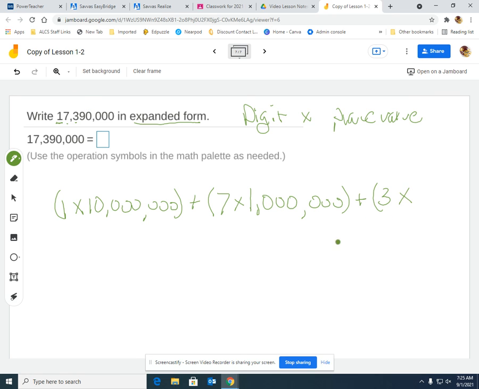That 3 is in the 100,000s place. 3 times 100,000. Close my parenthesis. And add to it the next digit, which is a 9. Ones, tens, hundreds, thousands, 10,000s. That 9 is in the 10,000s place. And that would be how I would write that in expanded form.